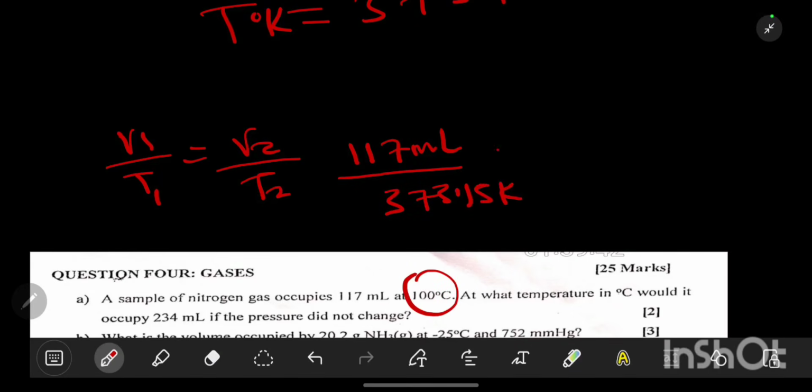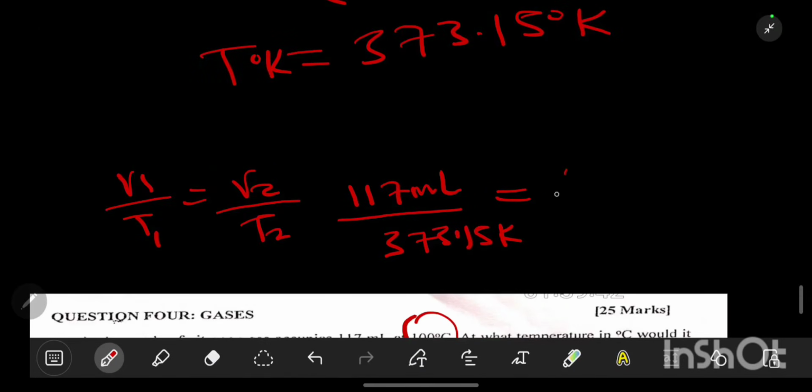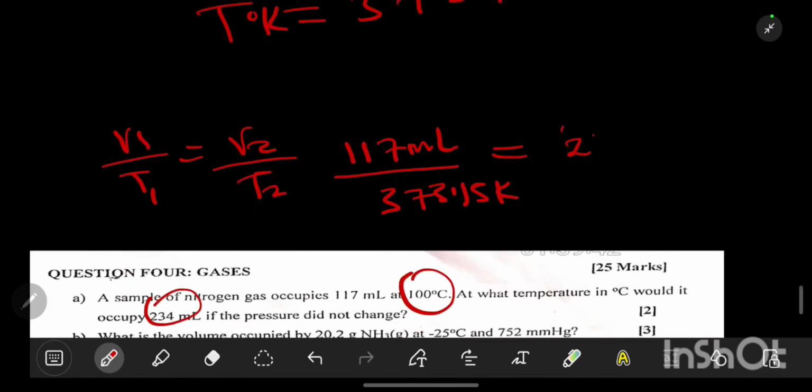So we have 117 milliliters over the temperature number 1, which we converted to 373.15 kelvins, equals volume number 2, which we are given as 234 milliliters, over our unknown temperature number 2.